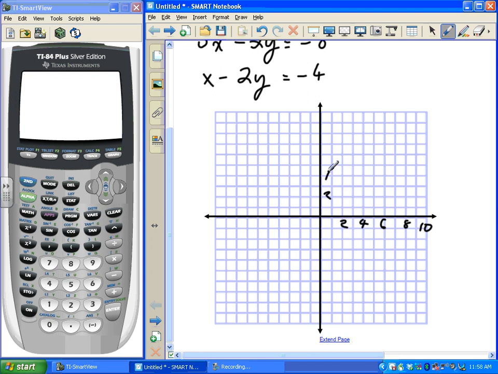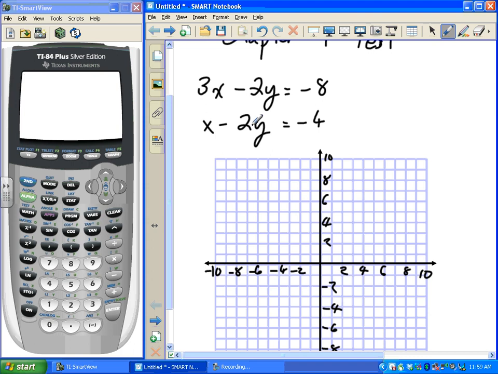Make your graph while I'm doing this. Hopefully, the point of intersection between these is going to fall on this graph. Okay, so we've labeled our graph.